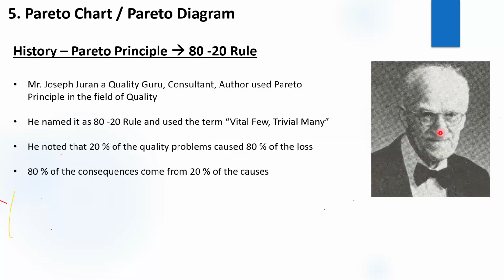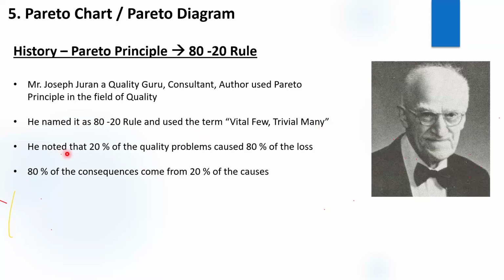Even though the Pareto principle was used for the economy, he decided to use it in industry, and he named this principle the 80-20 rule, and he used the term vital few and trivial many. So we will discuss what it means.